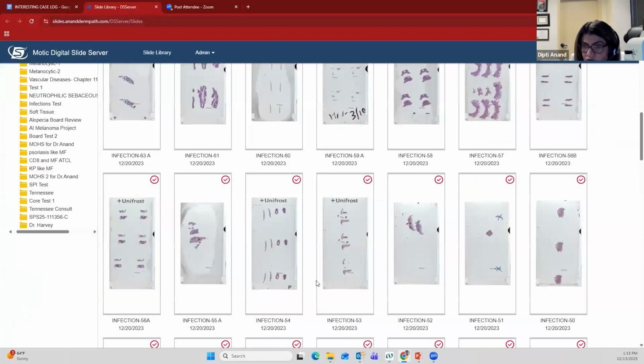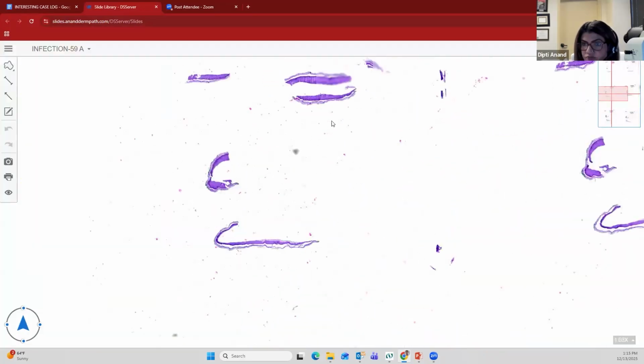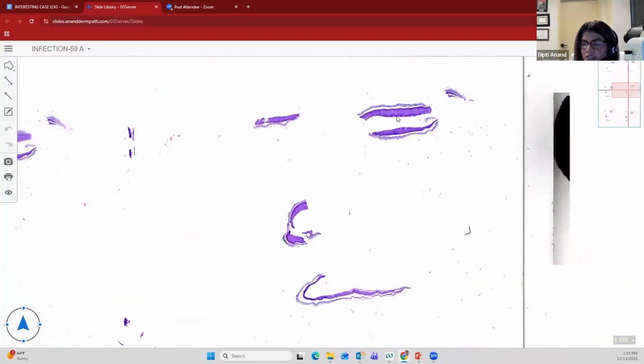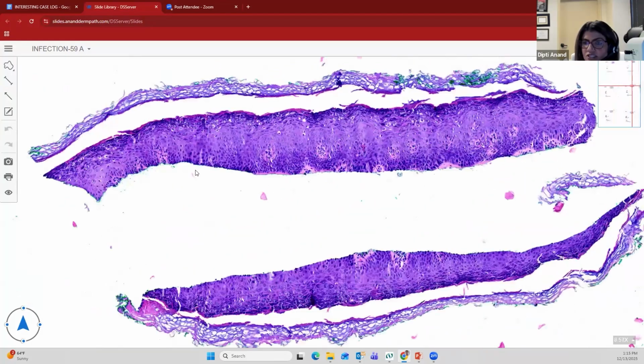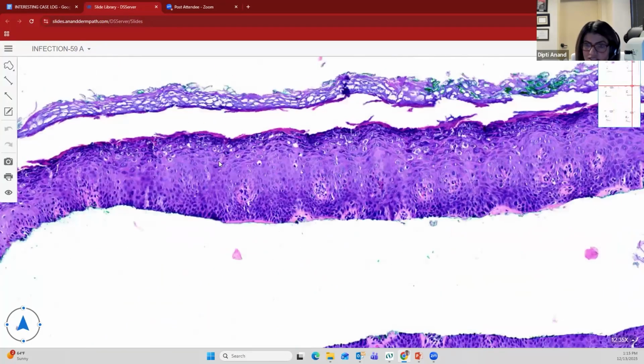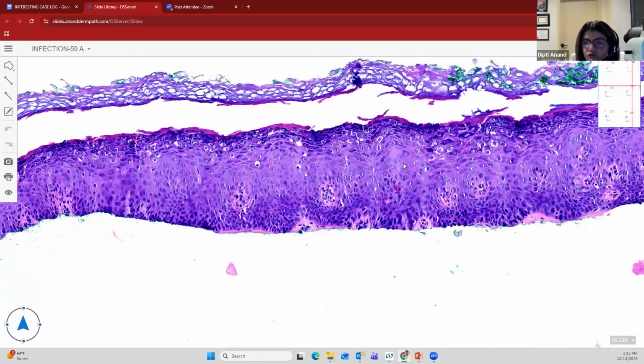The verruca plana, which is a very important board question, which is your HPV 3 and 10, is going to be a flat wart. So this can be a little misleading because this can look like epidermodysplasia verruciformis. What else do you guys confuse this with? EHK, epidermolytic hyperkeratosis, is another thing that you confuse it with.